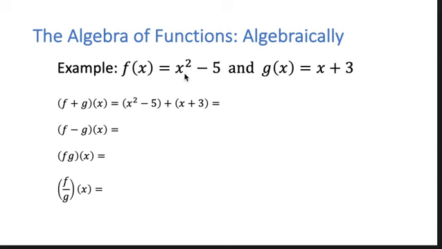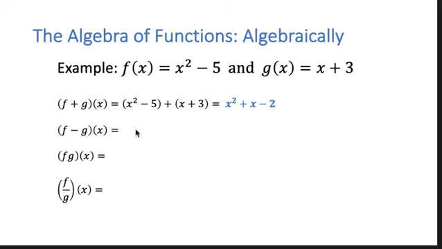Well, f of x is this x squared minus 5, and g of x is x plus 3. And we're going to add these together. So if we're adding like terms, we have x squared, we have x, and then negative 5 plus 3 is negative 2. So x squared plus x minus 2 is the answer.